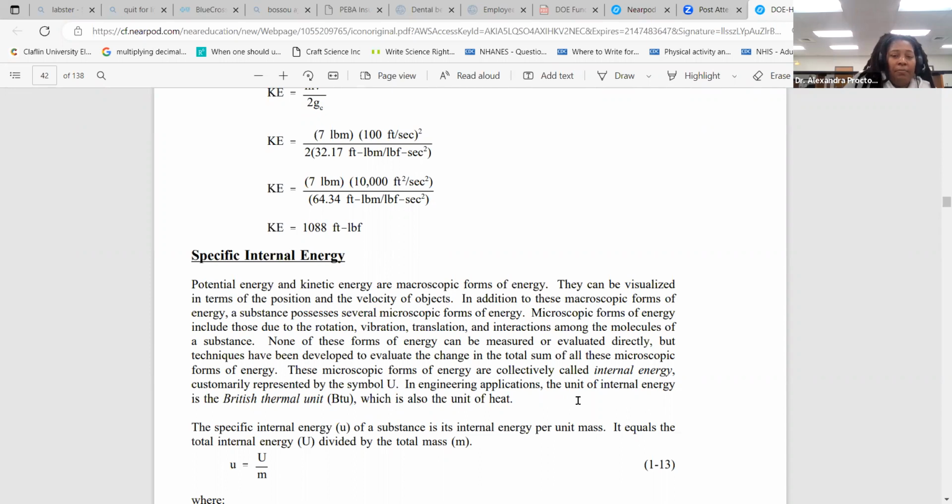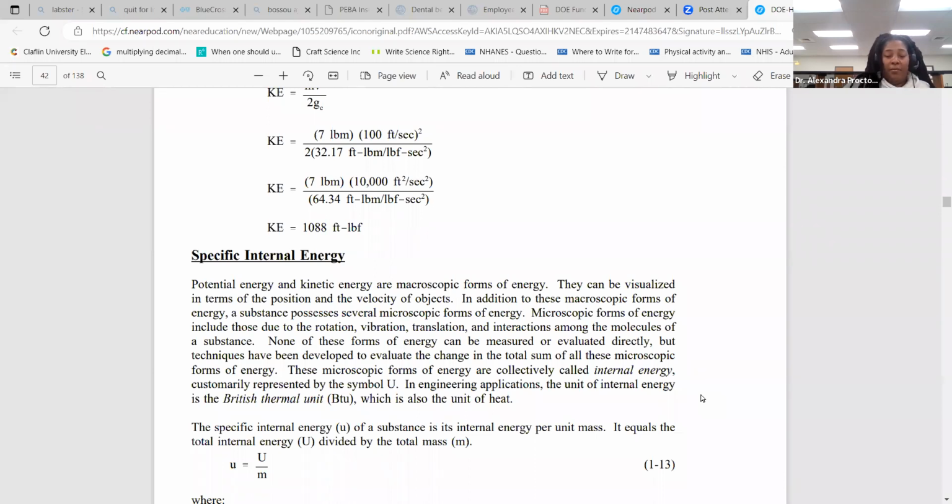And so techniques have been developed to evaluate the total sum of these microscopic forms of energy. The microscopic forms of energy are collectively called internal energy. And it's represented by the symbol U. So we have another variable.